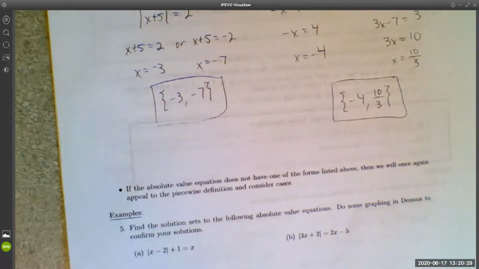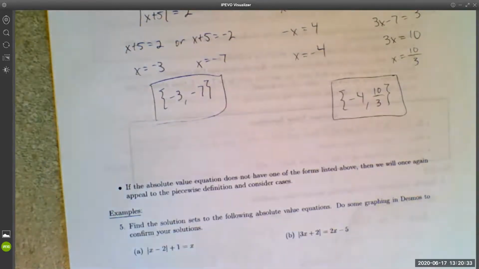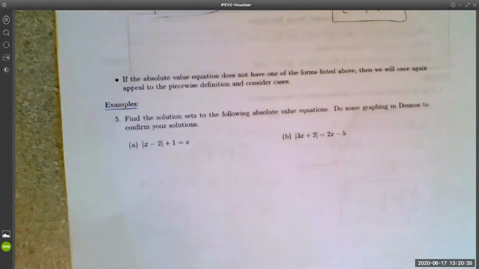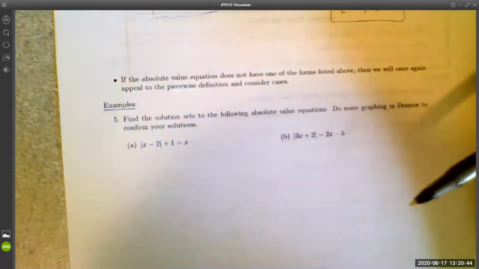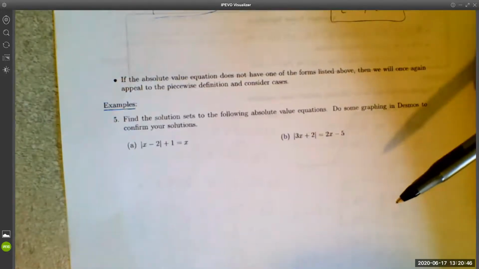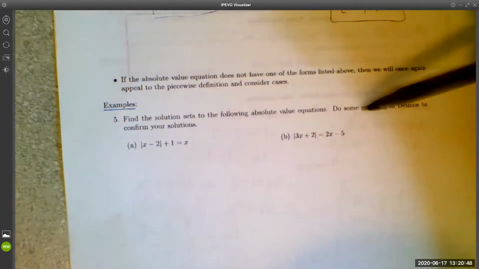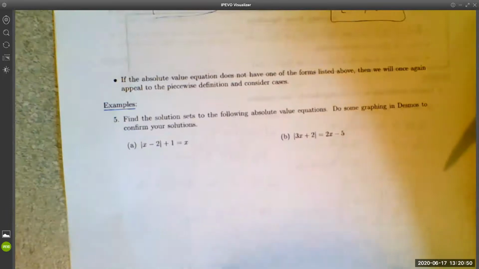Well, for these kinds of equations, you have to use the piecewise definitions and consider cases. I'm going to take you through several examples of this so that we get the idea, and we're going to look at some graphs in Desmos to confirm that our solutions are correct.